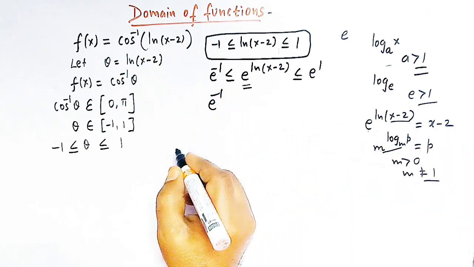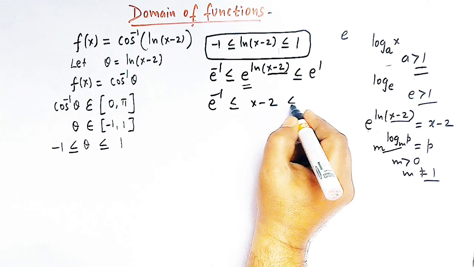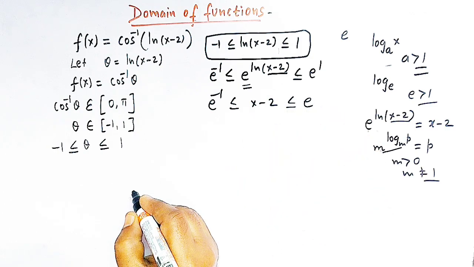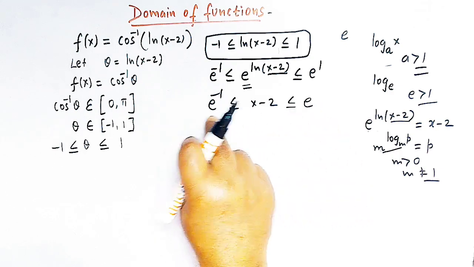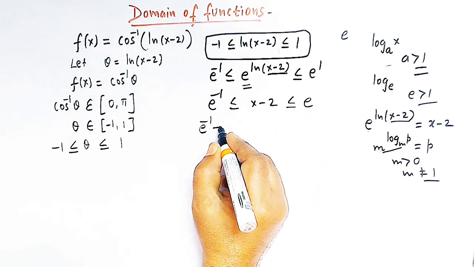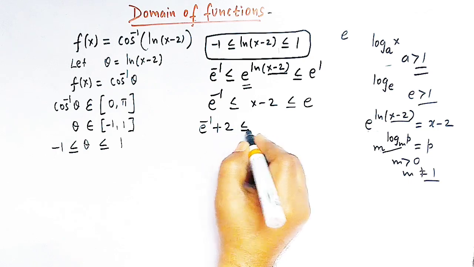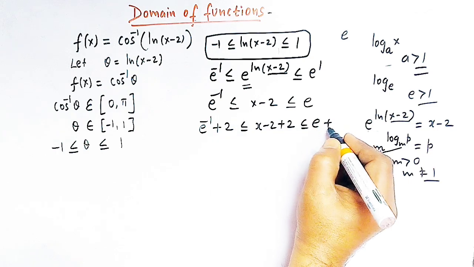So here we have e raised to minus 1, and here we have simply x minus 2, and here we have e. Now let us add 2 throughout this inequality. So we have e raised to minus 1 plus 2, and here we have x minus 2 plus 2, here we have e plus 2.